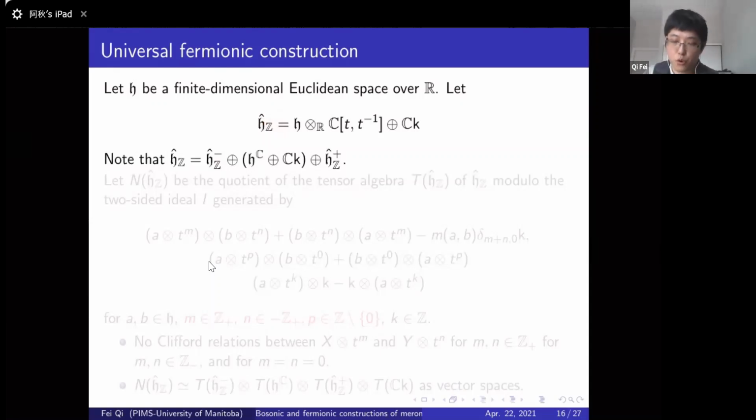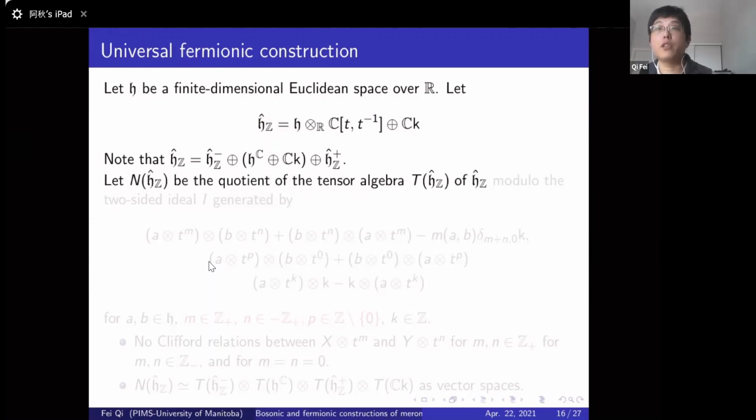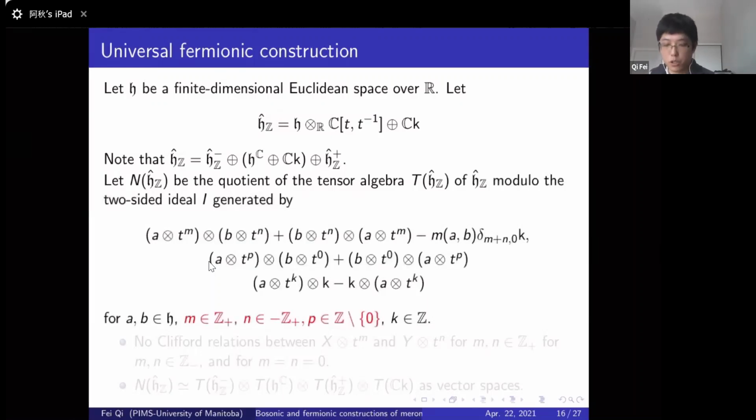So again, we have the triangular decomposition, and now when we form the N of H hat Z, it will still be the quotient of the tensor algebra T of H hat Z, but then the ideal is going to be slightly different to the bosonic construction in the way that, first, it's a plus over here, so it's anti-commutators to be quotiented out.